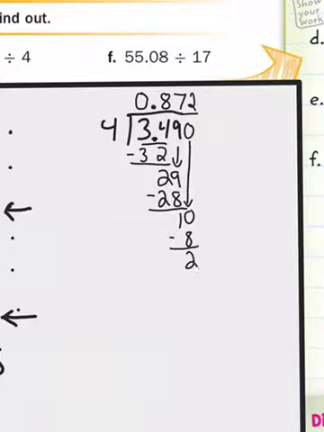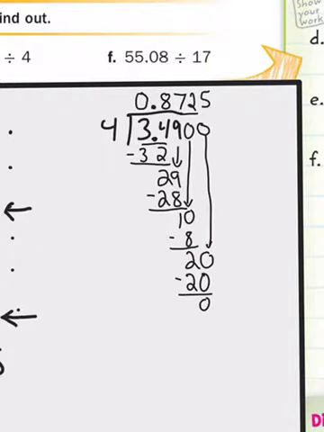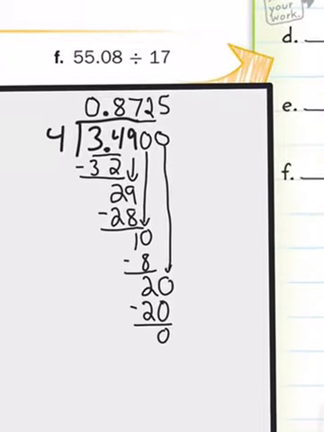Now I subtract, and guess what? I still don't have 0, so I'm going to add another 0 and bring it down. And 4 goes into 20 5 times, which is 20. Subtract 0. So my answer to E is 8,725 10,000ths, or 0.8725.